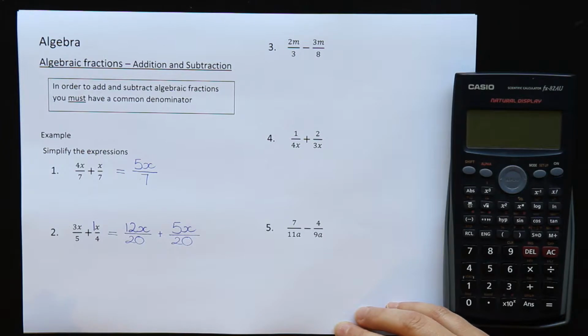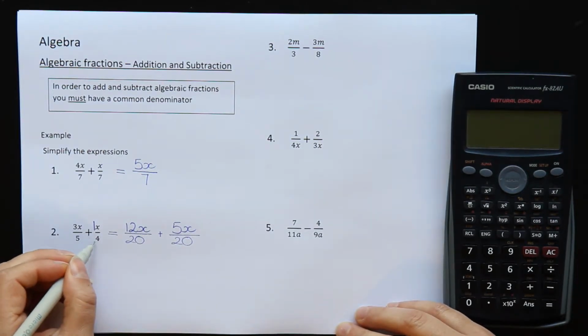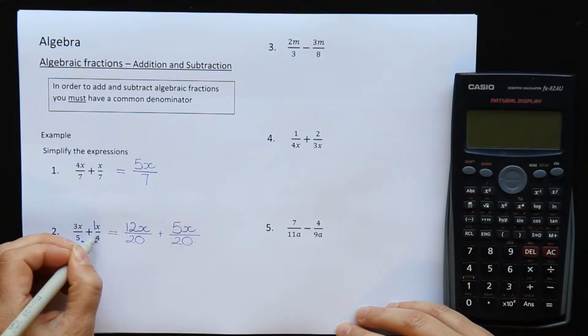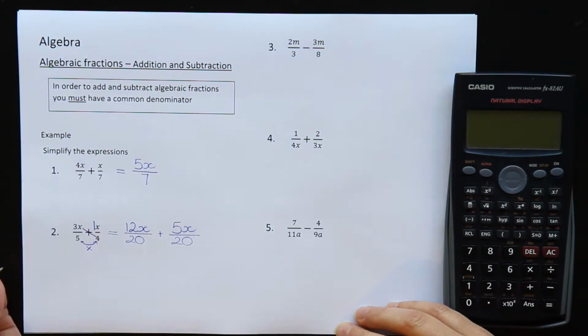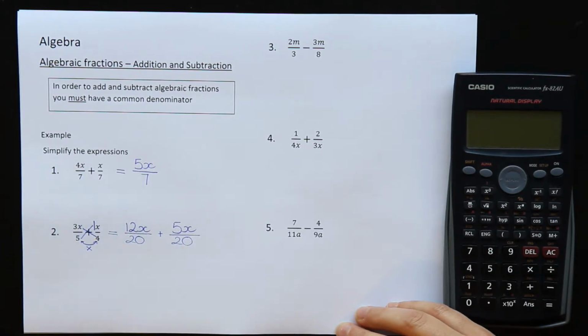Okay, so as a bit of a tip, what we have just done, we have multiplied the denominators together. Okay, we multiplied those, and then I have multiplied the 3x with the 4 to get this number, and the 5 with the 1x to get this number. Okay, so that's what I have just done.